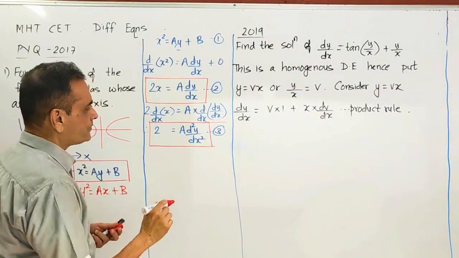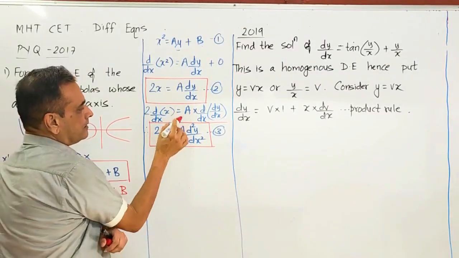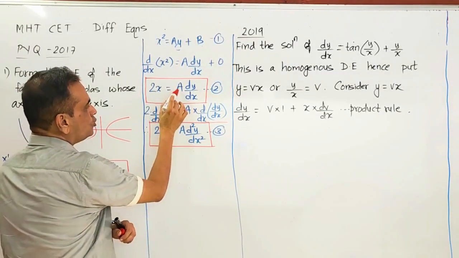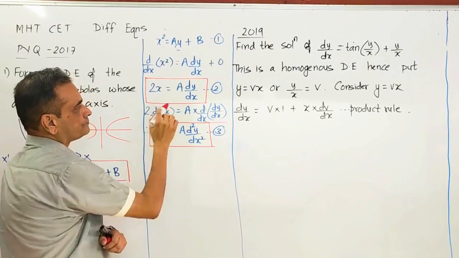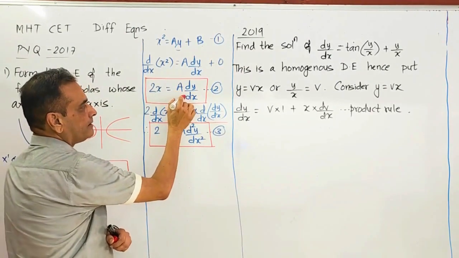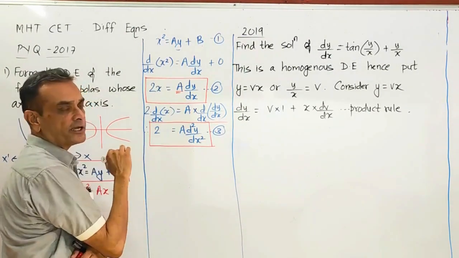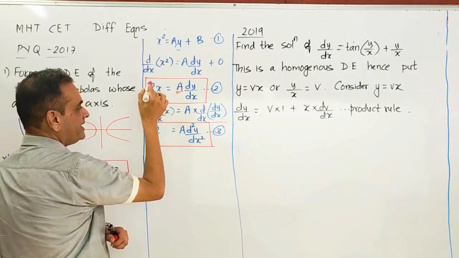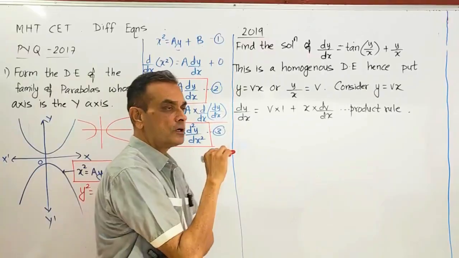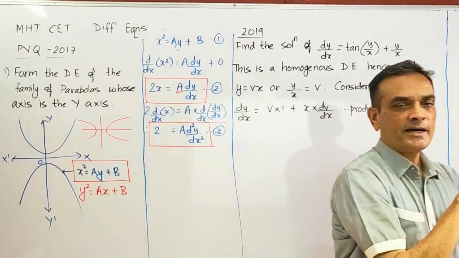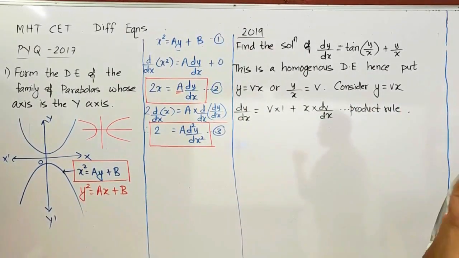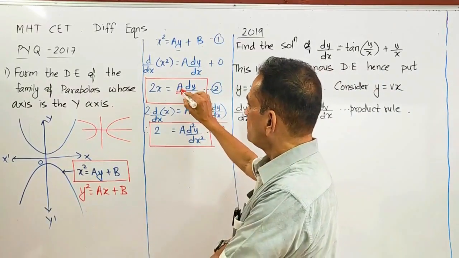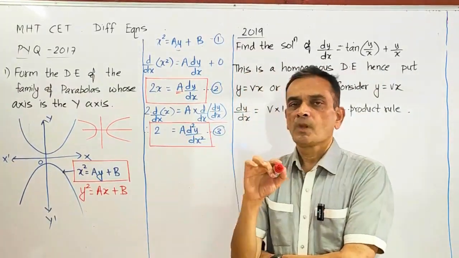So simple, from equation 2, what is the value of a? 2x upon dy by dx. Followed? 2x upon dy by dx.